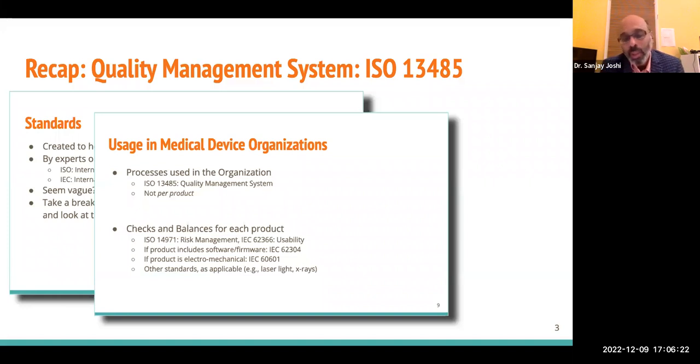If you have software or firmware in the product, 62304 applies. If your product is electromechanical, then the 60601 family standard applies. And then depending on what other things you have, if you have laser lights, X-rays, biocompatible material, other standards can apply.